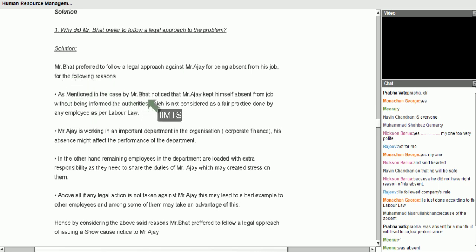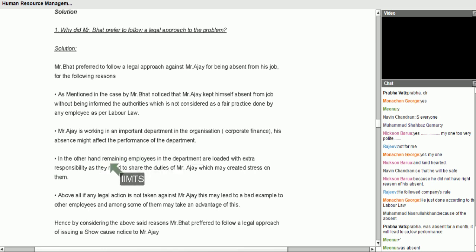As mentioned in the case, Mr. Ajay kept himself absent from the job without informing the authorities, which is not considered a fair practice by any employee as per the labor law. Mr. Ajay is working in an important department in the organization, that is corporate finance. His absence might affect the performance of the department.